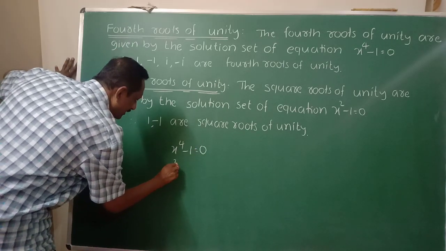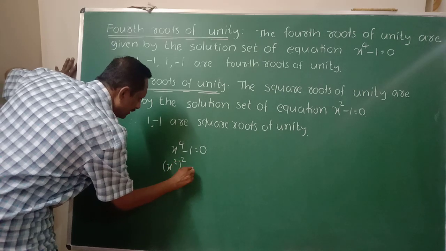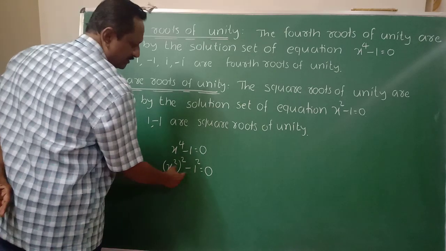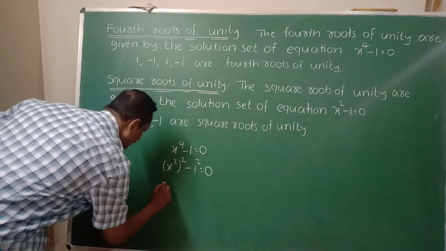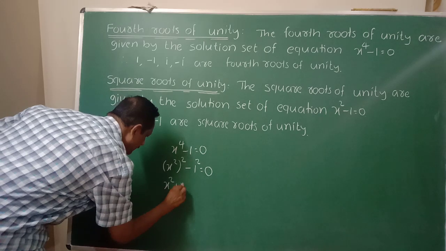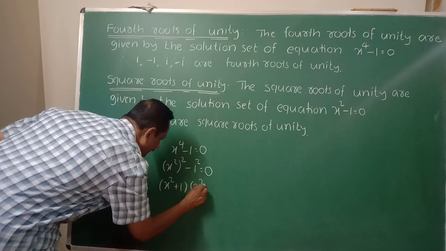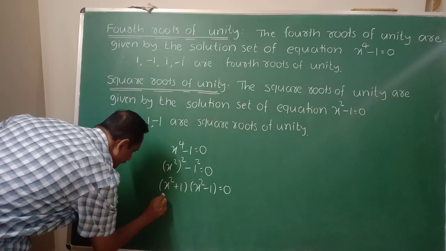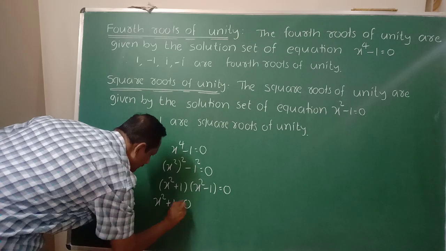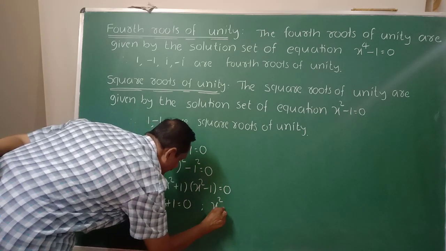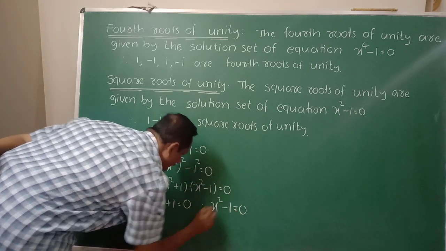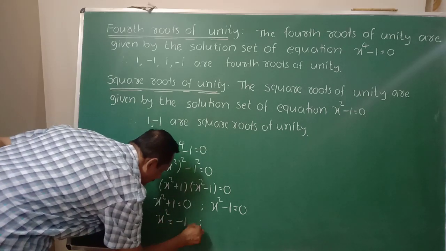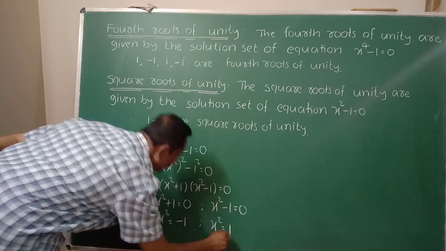We can write x square whole square minus 1 square is equal to 0. Use the a square minus b square formula: x square plus 1 into x square minus 1 is equal to 0. Therefore x square plus 1 is equal to 0, then x square minus 1 is equal to 0. Therefore x square is equal to minus 1, and x square is equal to plus 1.